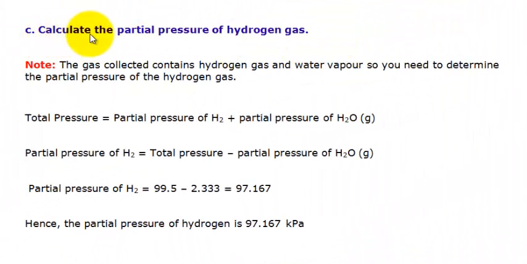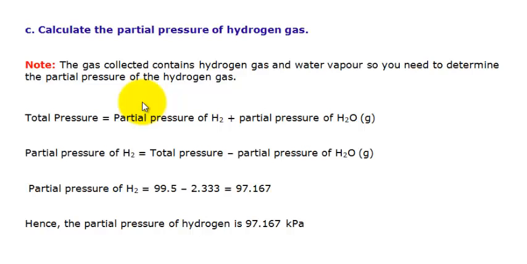C. Calculate the partial pressure of hydrogen gas. Note, the gas collected contains hydrogen gas and water vapor. So, you need to determine the partial pressure of the hydrogen gas. Now, we need to use Dalton's law of partial pressure, which states that the total pressure of a gas is the sum of the partial pressure of each individual gas.